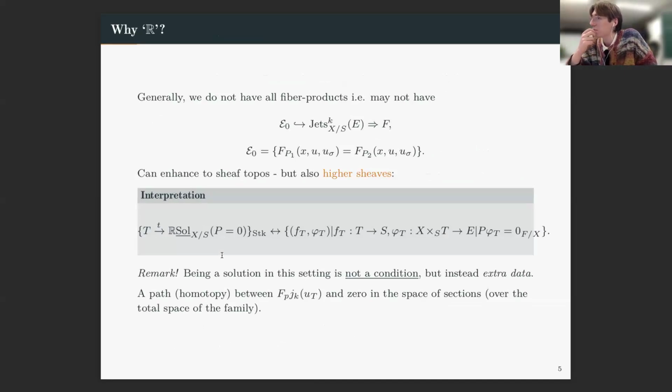It's because if we're thinking right from the get-go with everything classical, then we really don't have all equalizers in our category of, let's say, PDEs modeled on vector bundles over a smooth manifold X. In that, if we take two operators mapping out of the k-jet space from some vector bundle E to F, in general, without maybe a priori some transversality conditions, this fiber product that we form here, this E0, this equation manifold, will not exist as a smooth manifold in its own right in the category.